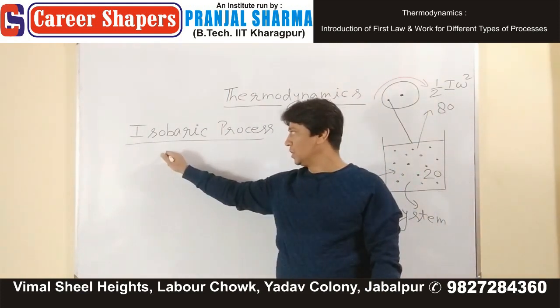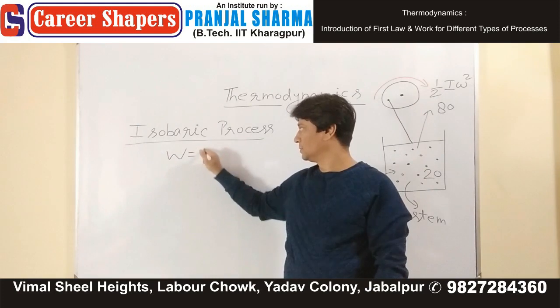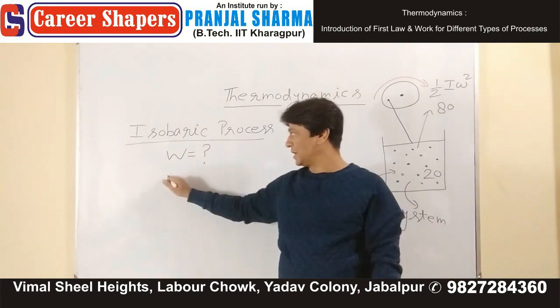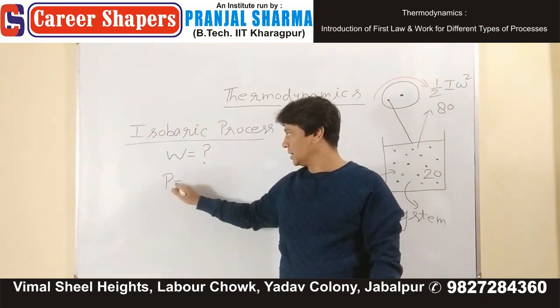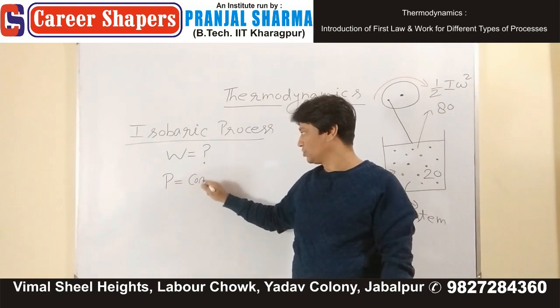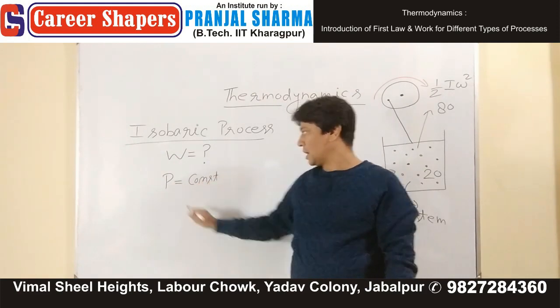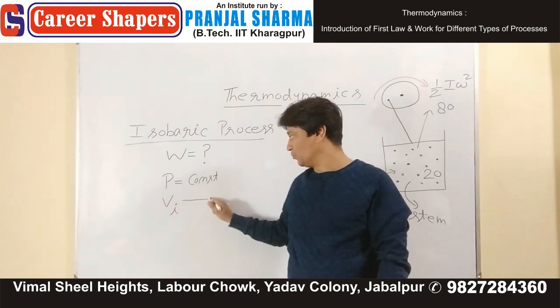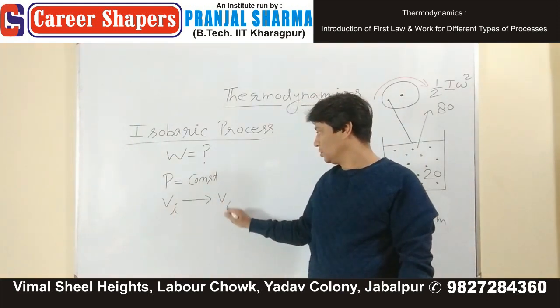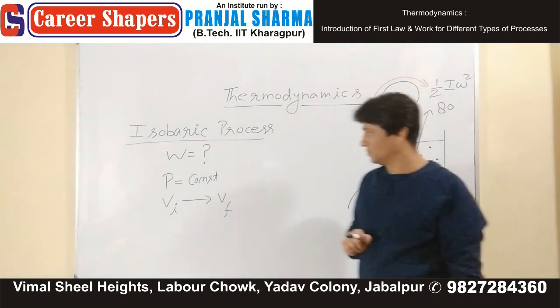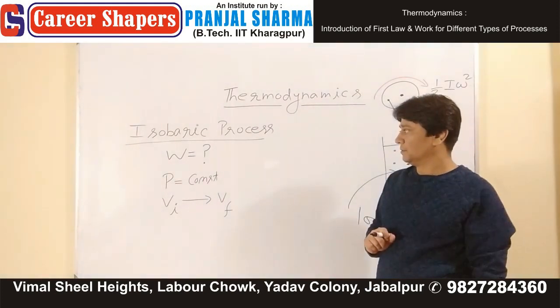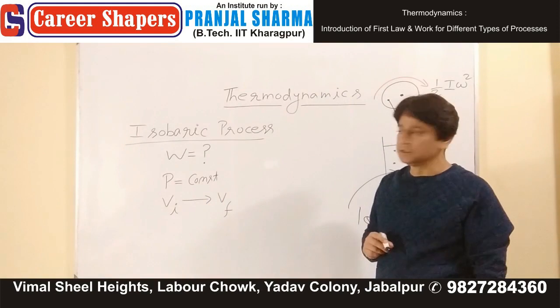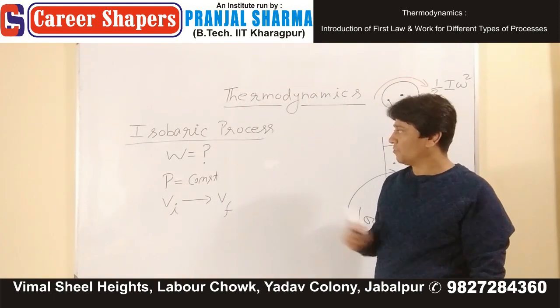So we need to find work if pressure remains constant, same throughout, and volume changes from V initial to V final. I'll give you 30 seconds. Write down this work in the comment box.